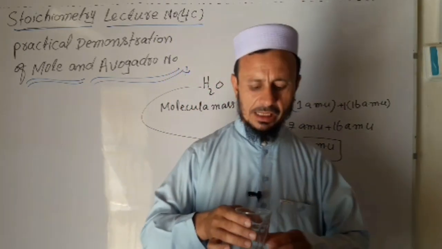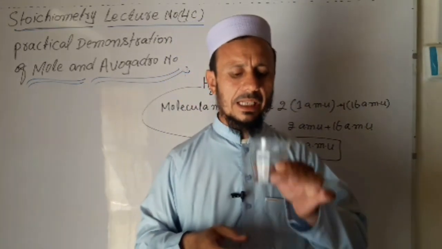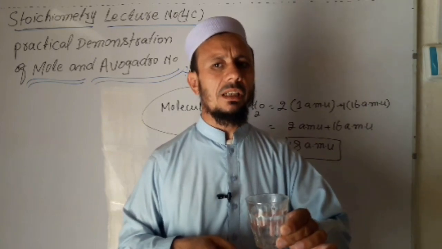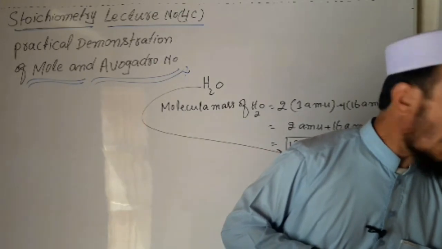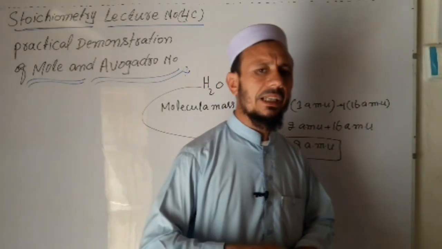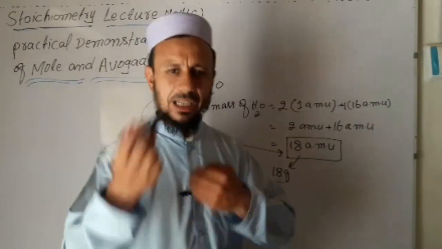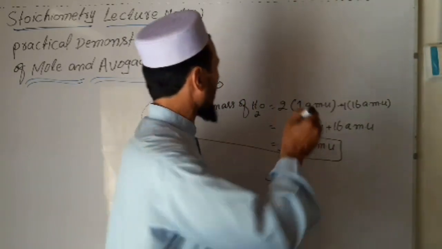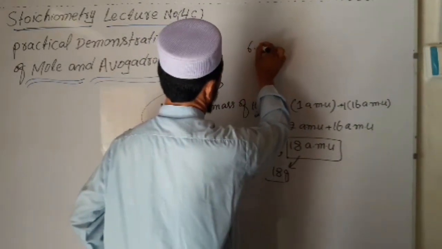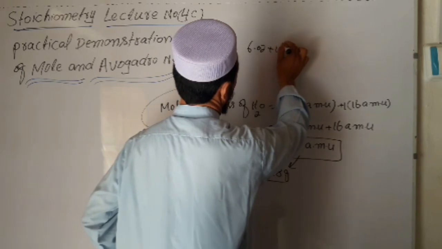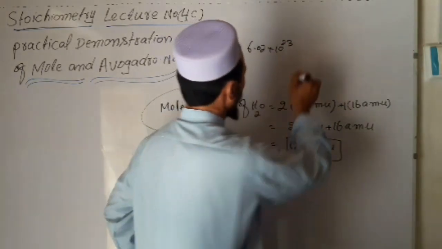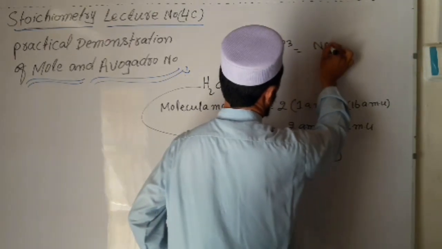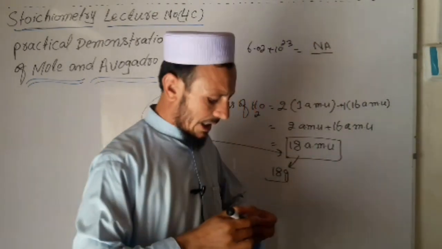If someone asks us how many molecules I have taken, then our answer will be that I have engulfed 6.02 multiplied by 10 raised to the power of 23 water molecules, and this is equal to Avogadro number.